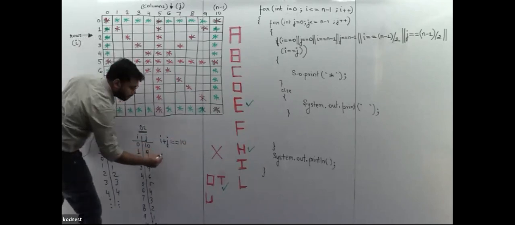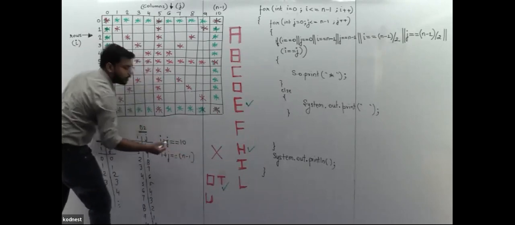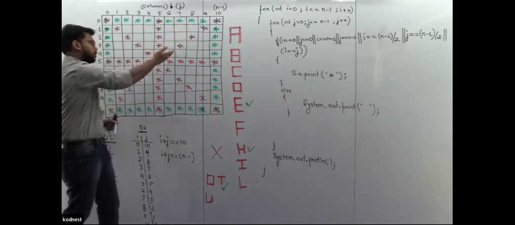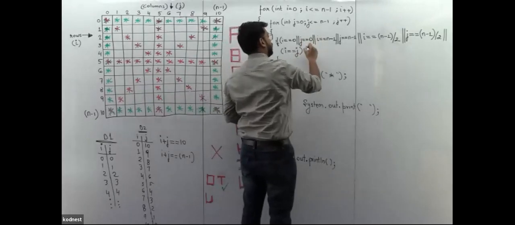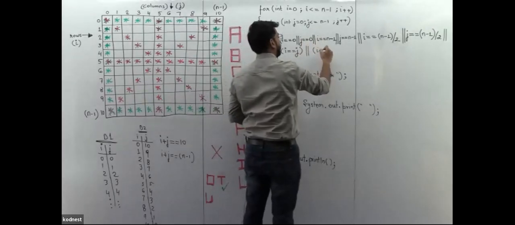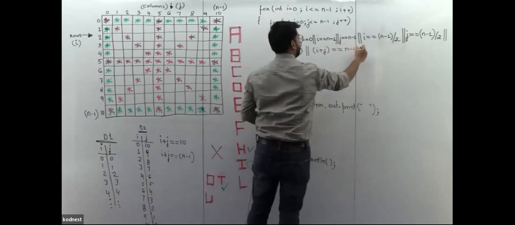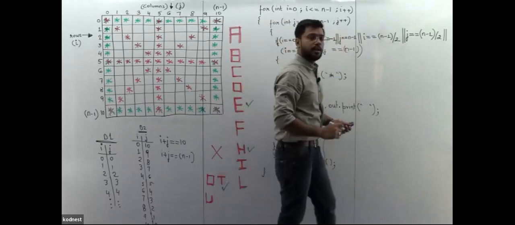How can I write it? I plus j value is always n minus 1. This is the condition for this diagonal. So here I will mention now, or I plus j is equals to n minus 1, like this.